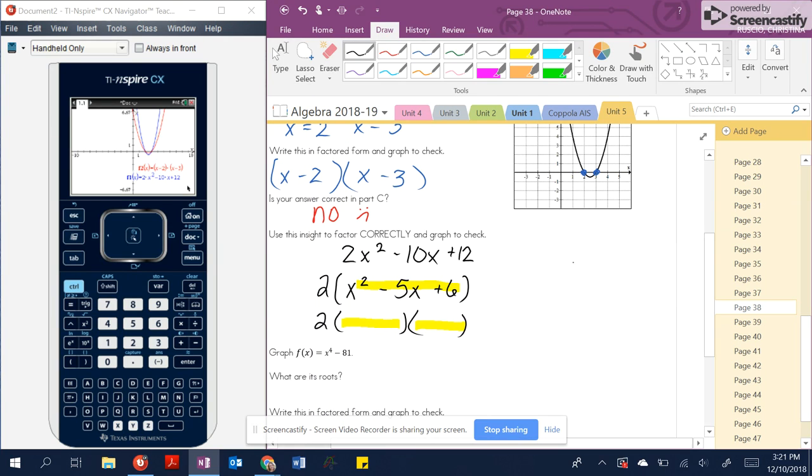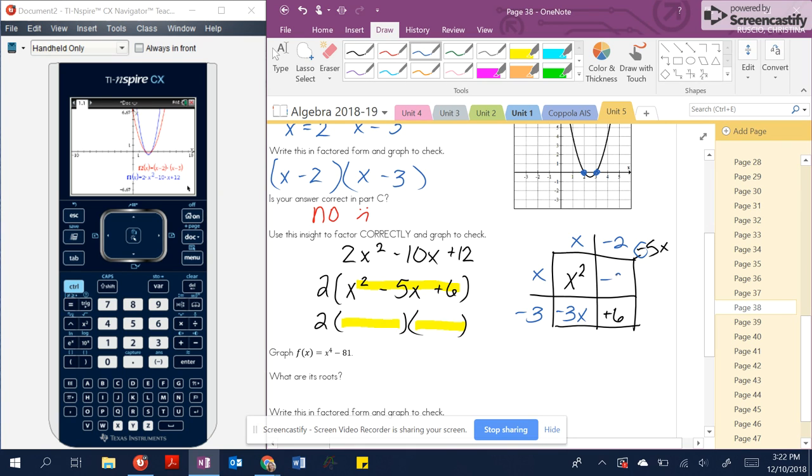So we could use the box method to help us, or we might even be able to use the zeros, but I just want to show you how we can use the box method. Notice how I'm going to put in the only things that are in my yellow highlighted section, and then work backwards. So I know x times x is x squared. I know 3 times 2 is 6, but they have to add to a negative 5, so let's make them both negative.